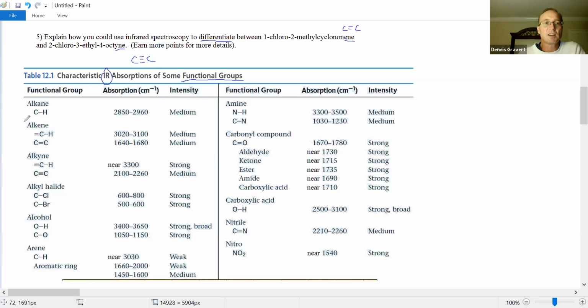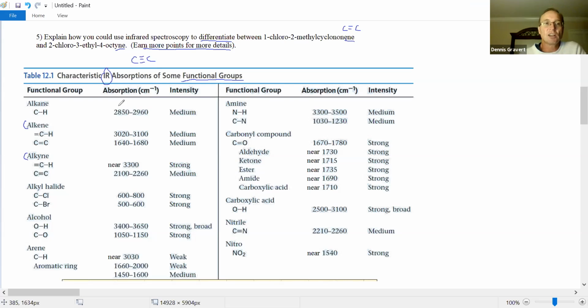And so you can come over here and realize, hey, here's the alkene and here's the alkyne. And so you get more points for more details. So if someone said, use IR to see the difference between triple bond and double bond, partial credit.